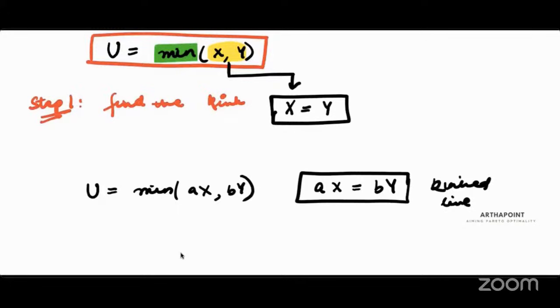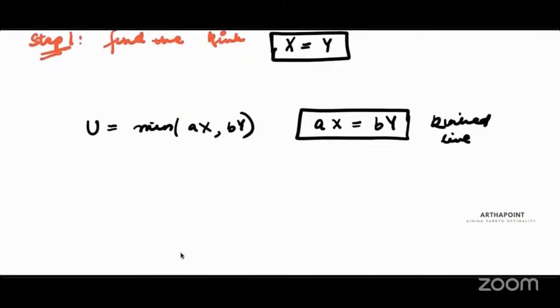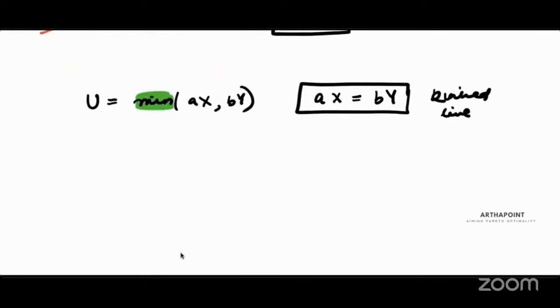Now, why is that the case? That is because of the very property of the min function. Take this example: I take x as 4 and y as 5. Then the min of 4 and 5 will be 4.